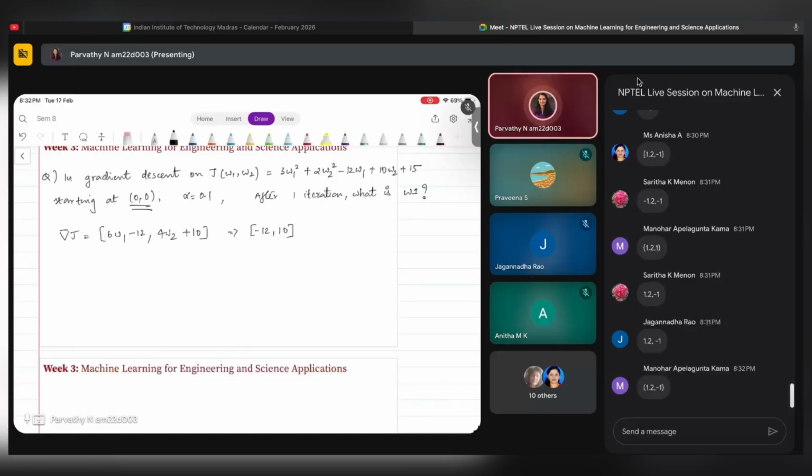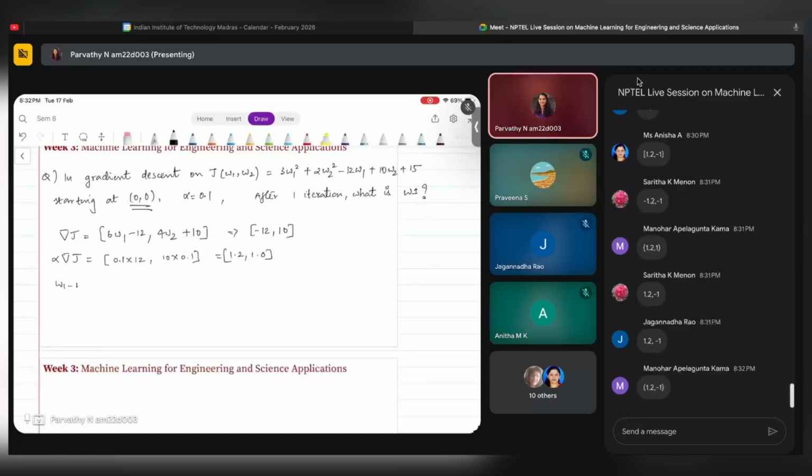Now alpha is 0.1. So alpha times the gradient is minus 0.1 into 12, 10 into 1.21.